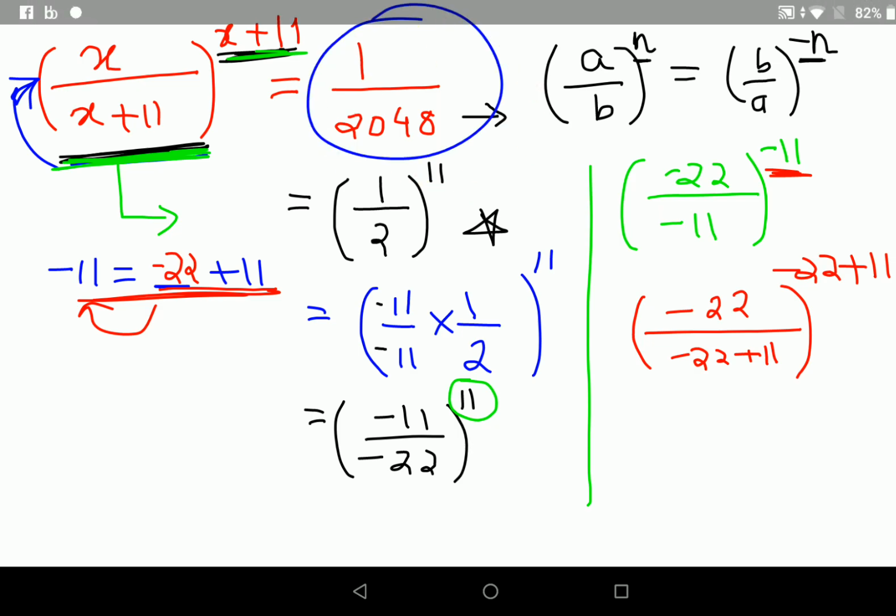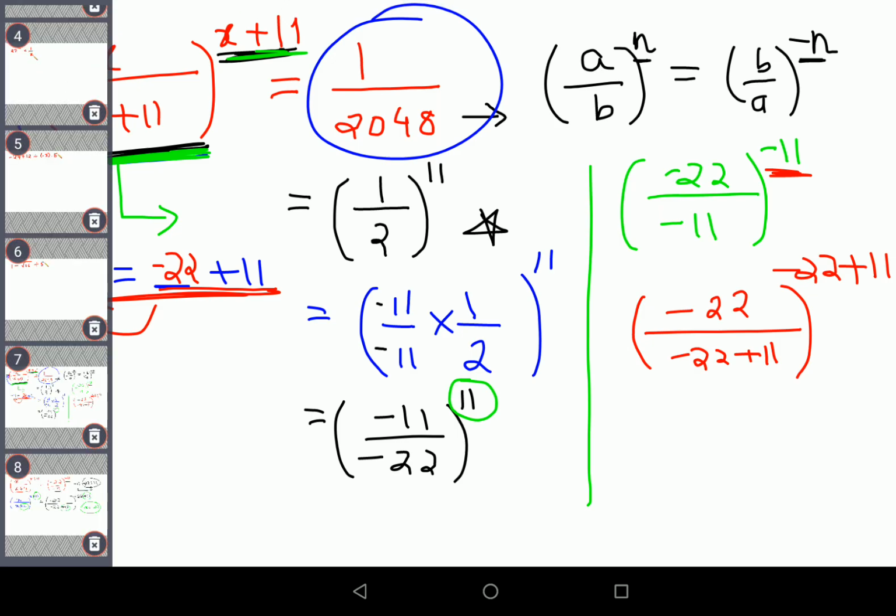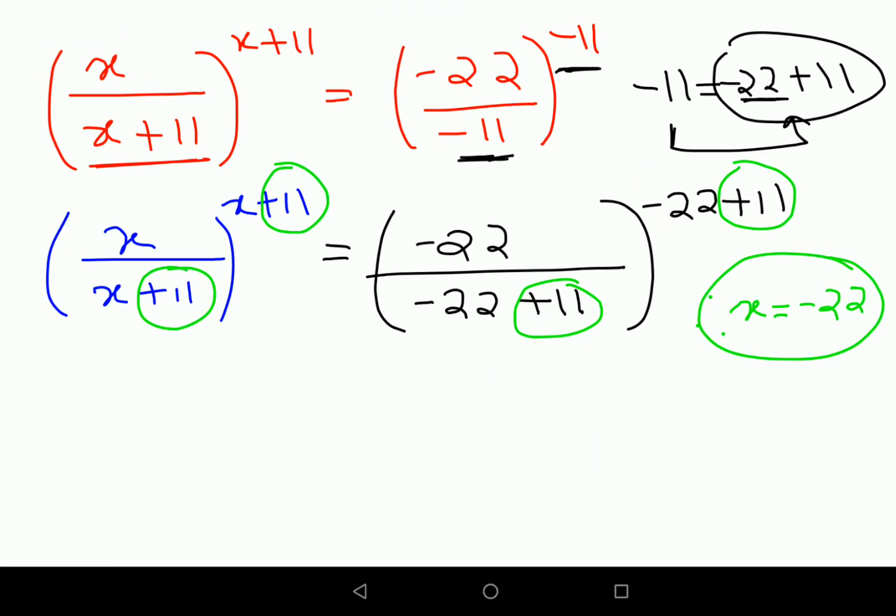Okay, so let's try and figure out whether what we did is correct or not. So this now comes out to be minus 22, and again minus 22 plus 11 is nothing but just minus 11. Okay, so minus 22 upon minus 11, the whole raised to minus 11.